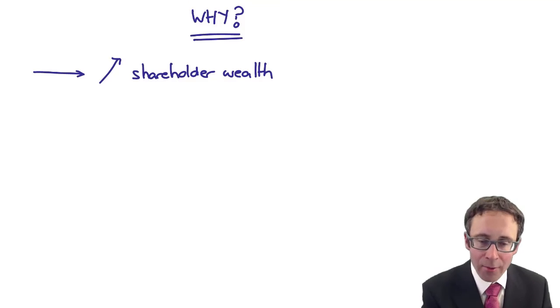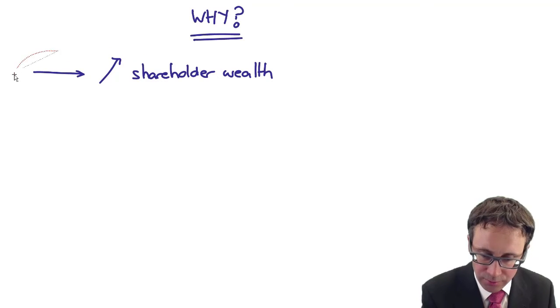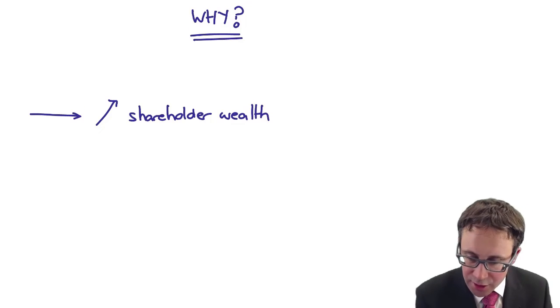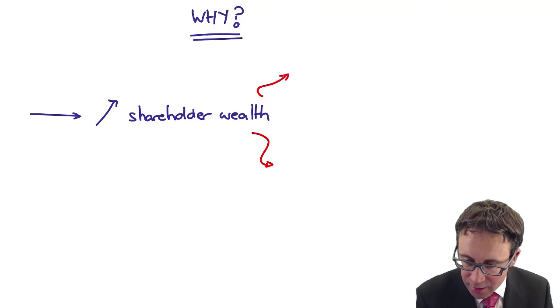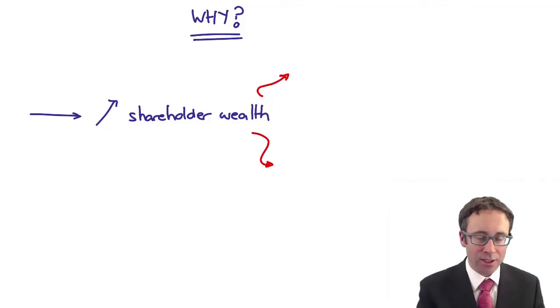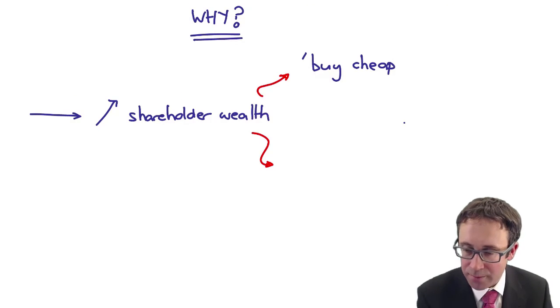How is it then that we achieve that increase in shareholder wealth? Well, there are two ways of thinking about it. One way of ensuring that we are increasing shareholder wealth is by looking at that target company, and we're going to buy it cheap.